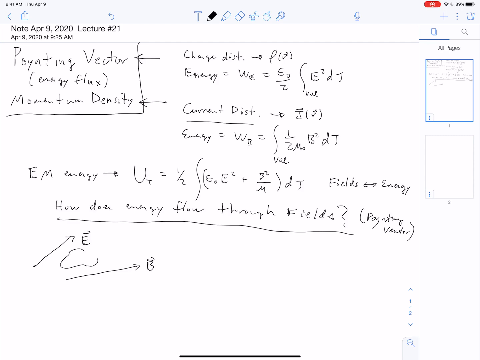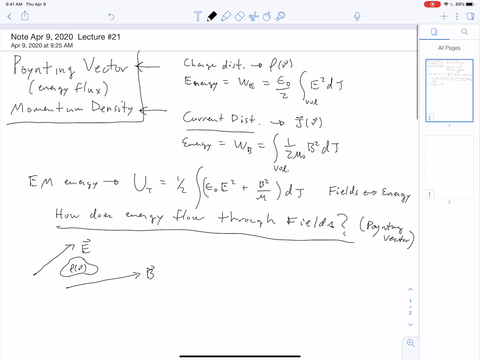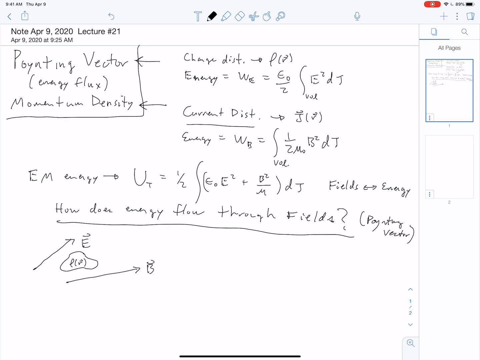And of course, there might be some charge density in space, which I'll call rho of r. If I think of a little chunk of this charge density, I can call that dq, and that is simply rho of r times d tau, a little volume element.